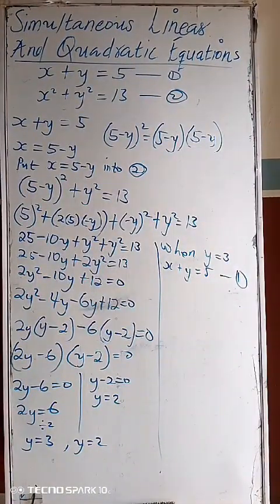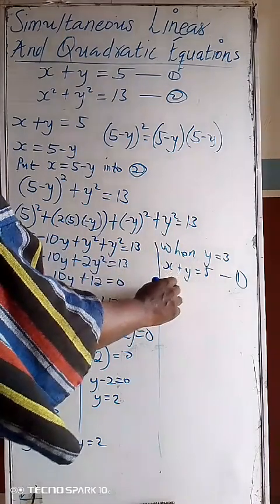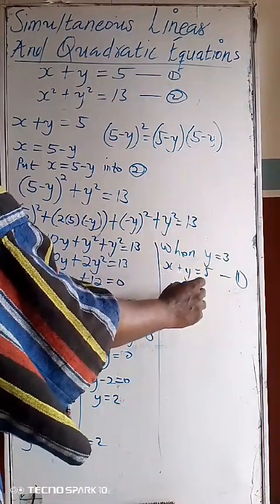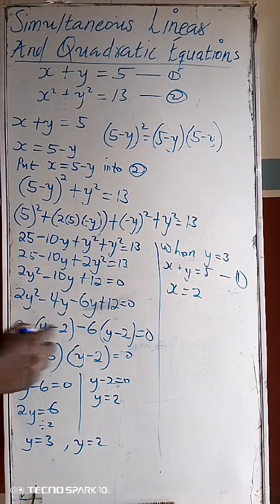So when I substitute my y is equal to 3, then it means that my x will be equal to 2, because it's going to be x is equal to 5 minus 3, which is 2. So that is that.